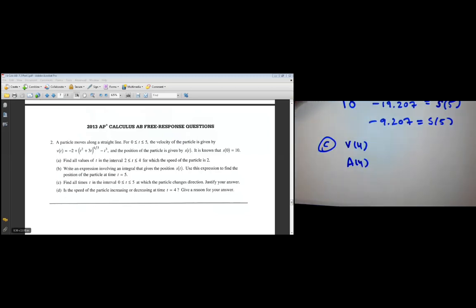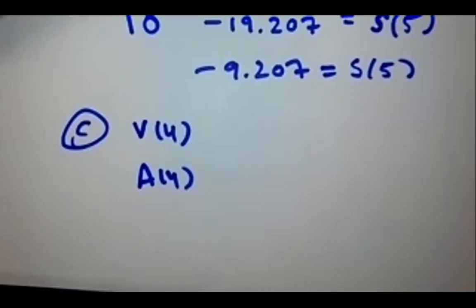To look up V of 4, all you're doing is, go back. Hang on. So we've got our velocity function here. So we would hit trace 4, enter, velocity is negative. To find your acceleration, we're going to do math 8, d/dx.